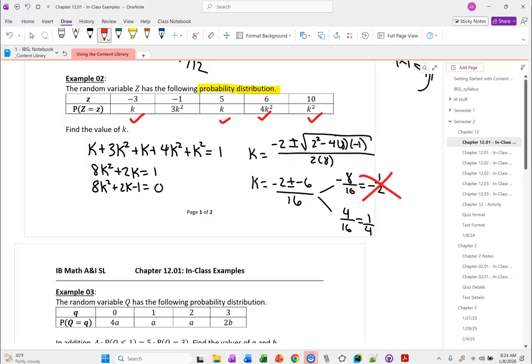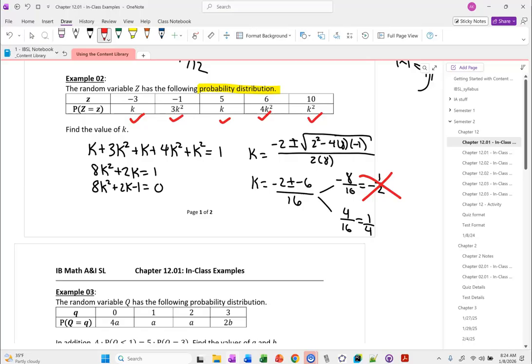And then 3 times 1/4 is between 0 and 1, and then times another 1/4 is still going to be between 0 and 1 because you're multiplying by something less than 1. So it's just going to get smaller. So we're good, right? Now you could check those computationally on a calculator. You don't have to reason it out in your head, but the calculator is all the way over there so far.